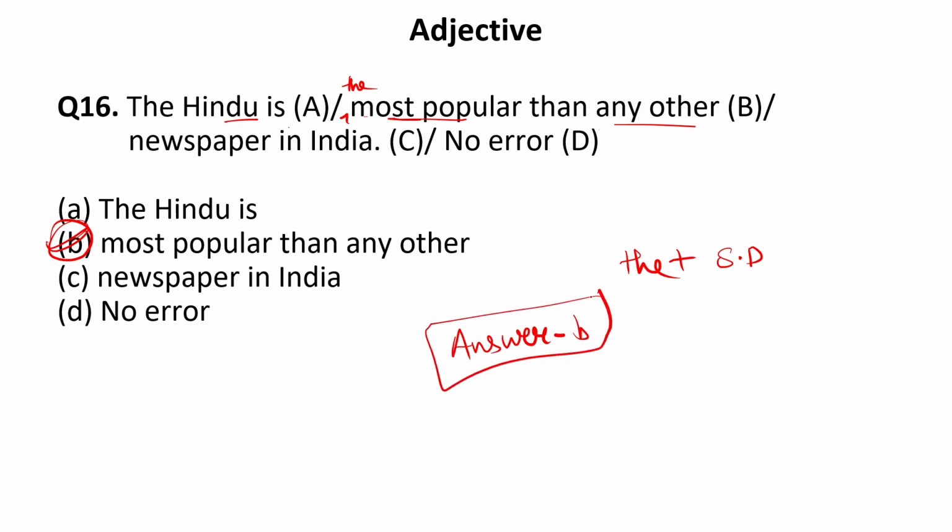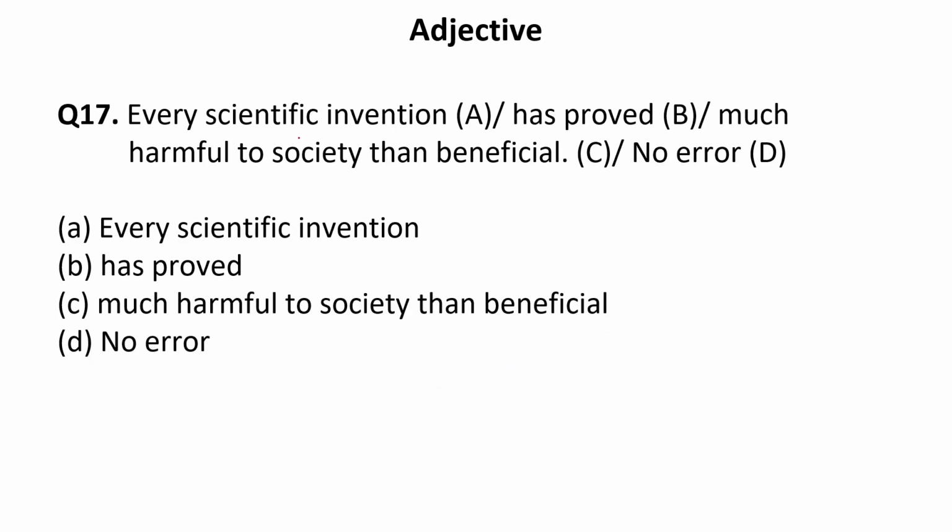Now let us move to the next one. Every scientific invention has proved much harmful to society than beneficial. Now, it's a case of comparative degree. Comparative degree can be used in a sentence in two ways. Suppose we have one person and two qualities are being compared. It means two qualities of the same person are being compared.